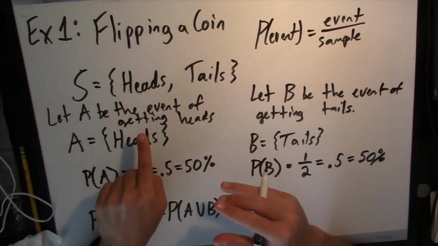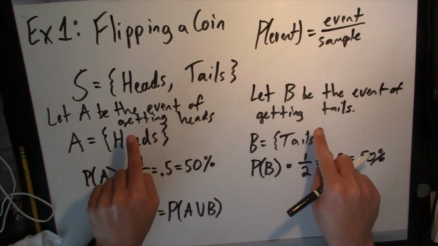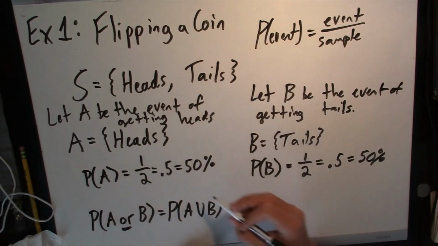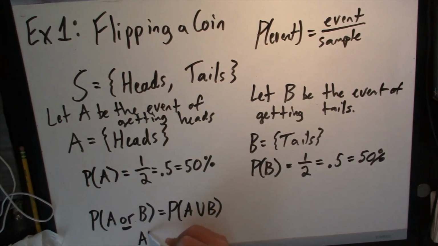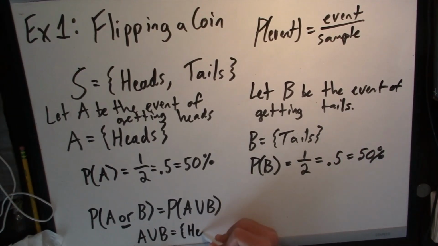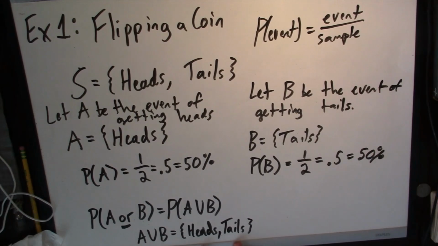So A is heads and B just has tails. If we put those together, we union them, we would get the set. Okay, and I'll write it down here. A union B is the set containing heads and tails. I just combined the two sets together.